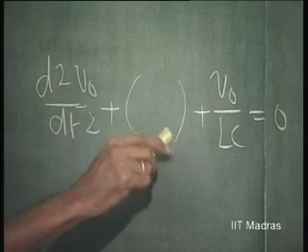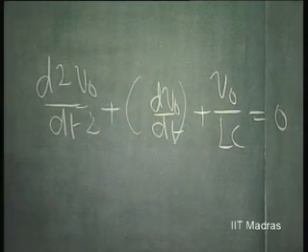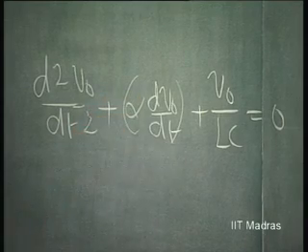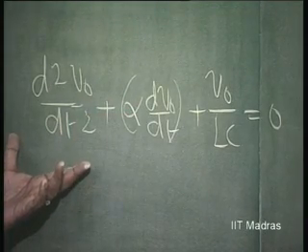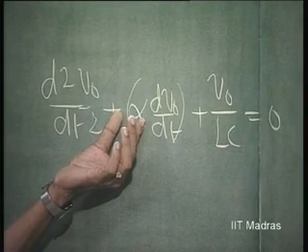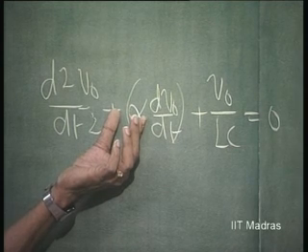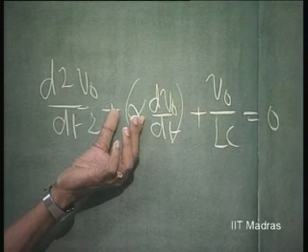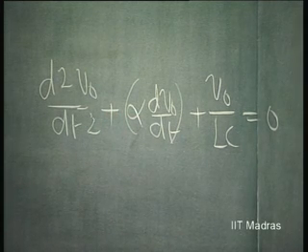If the coefficient of dV naught by dt, which we had earlier put as some alpha, is 0, then it is a harmonic oscillator. If this is negative, the poles will be lying on the right half of the S plane and the amplitude of oscillation will keep on growing, right.